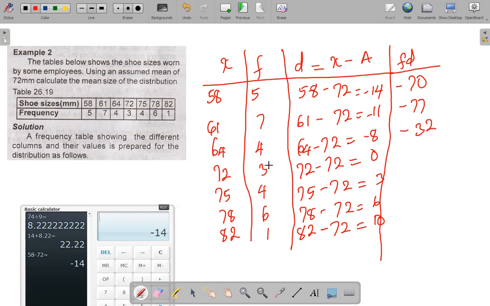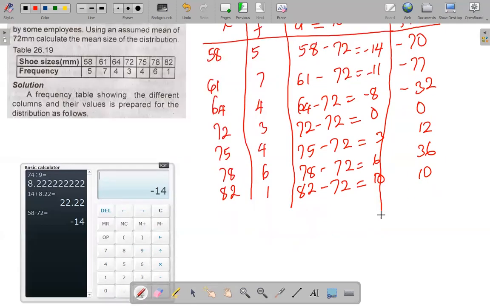Then 3 times 0 is 0. Then 4 times 3 is 12. 6 times 6 is 36. 1 times 10 is 10.